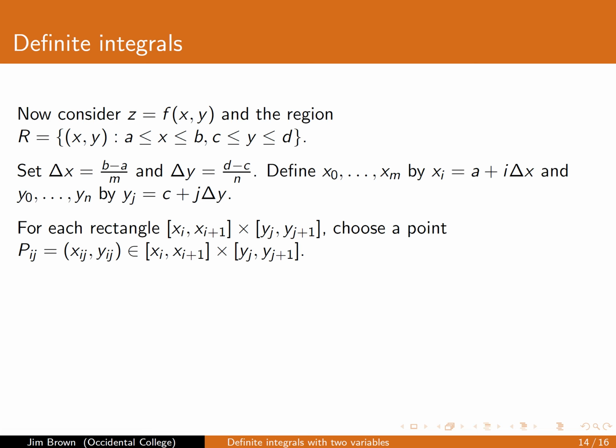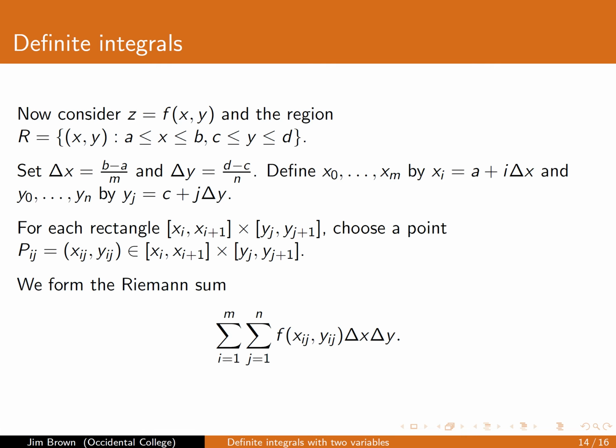For each one of those, we just pick some point in that rectangle, call it P_ij, and then we can form the Riemann sum here, where we're just summing over all of the volumes of all of these possible boxes that we've chosen. So this is the same thing we just did for the snow pile, just a little bit more general.